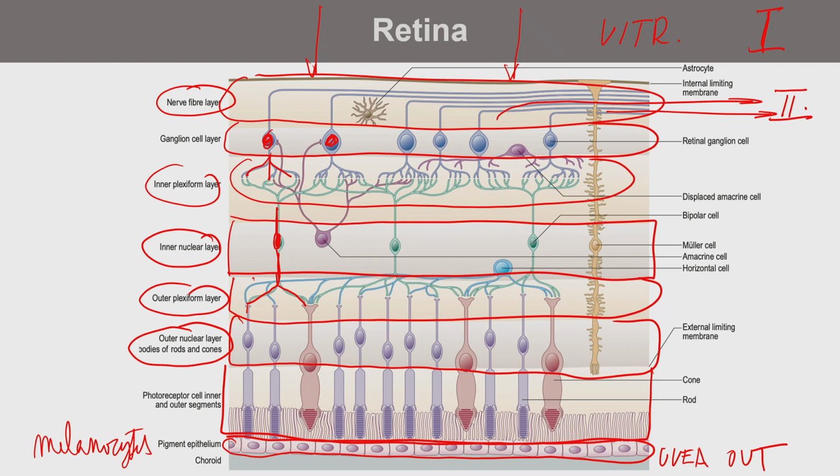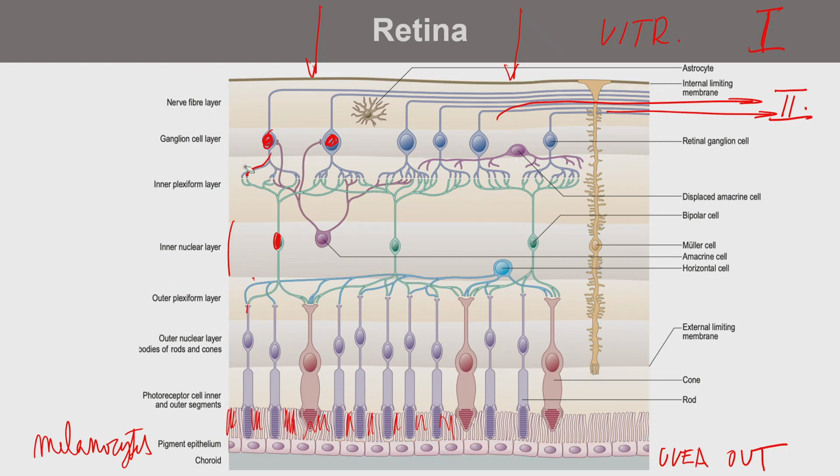The receptor layer is a part of cells which are called cones and rods, and they are in the hairy processes of the melanocytes. So those are those layers. What's the creation of the information? Where and how is the electric potential going?